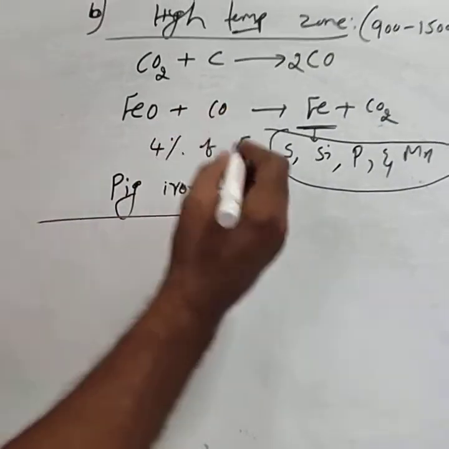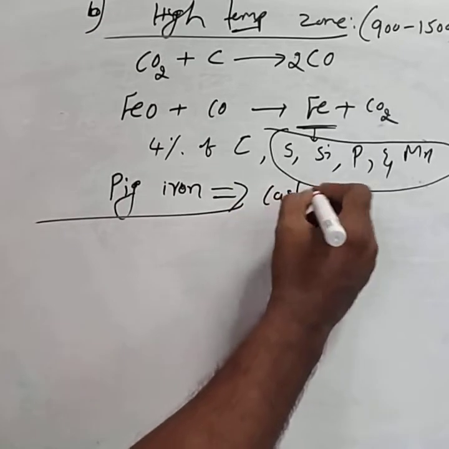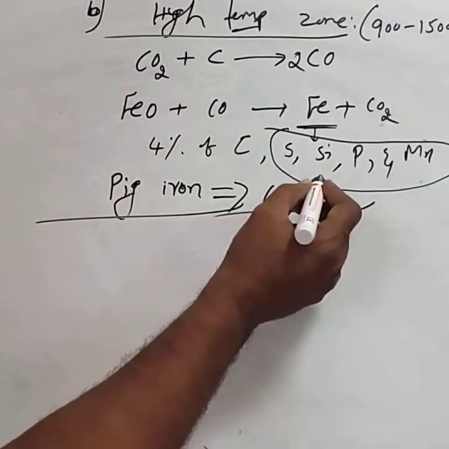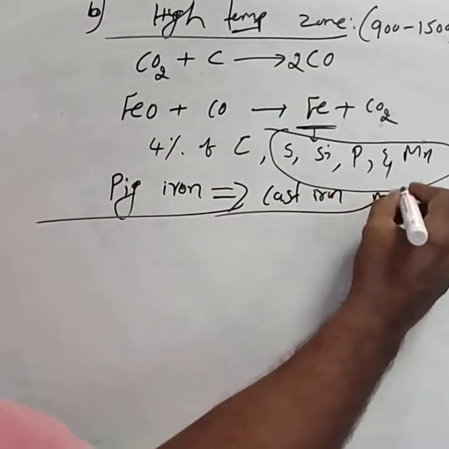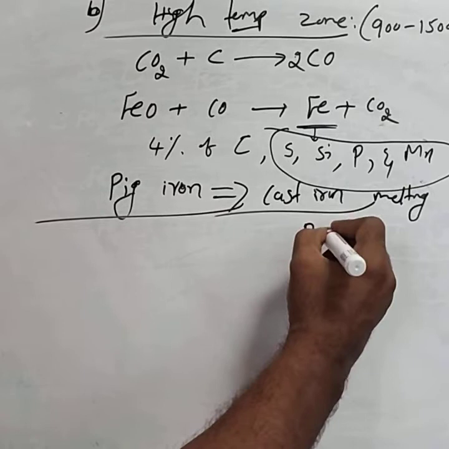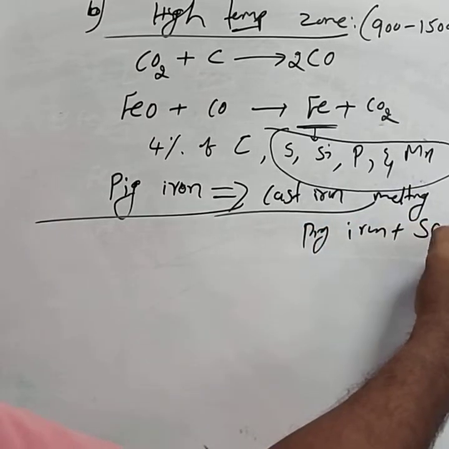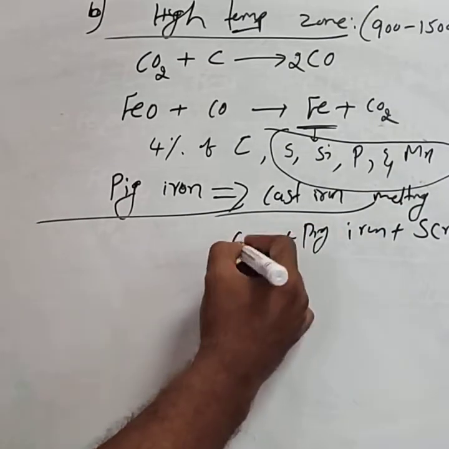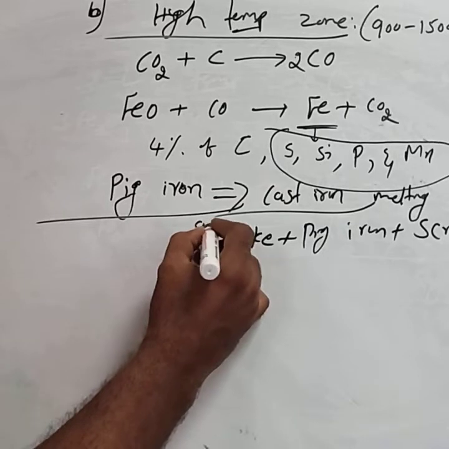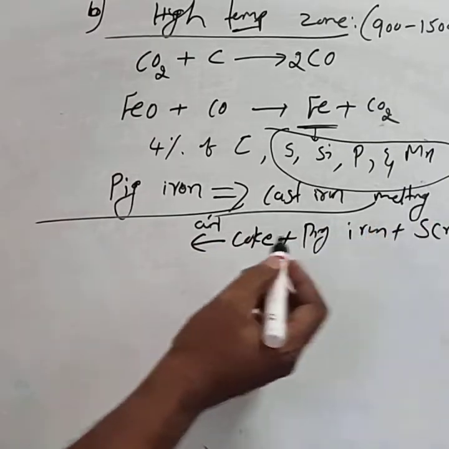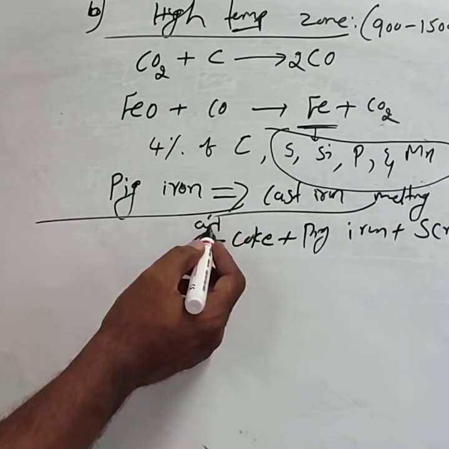Then the second one is cast iron. Cast iron, the second form of iron, is obtained by melting pig iron, scrap iron, and coke in the presence of hot air.